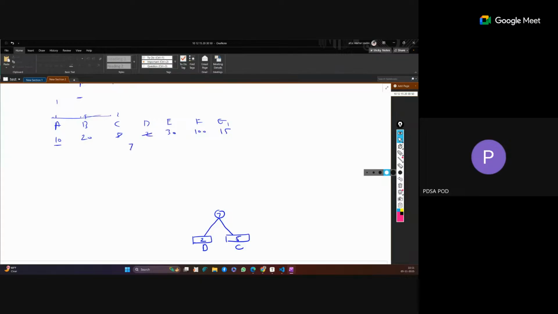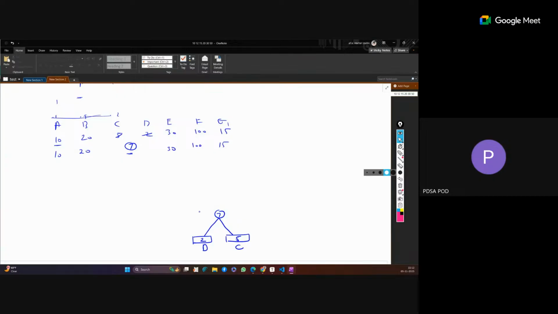Instead we have 7, so 10. This becomes an internal node, so we mark in our next list 20 and 30 and 100, and 15. Just maintain this table on one side and create the tree on the other side. Next two smallest ones, including this 7: 7 and 10.